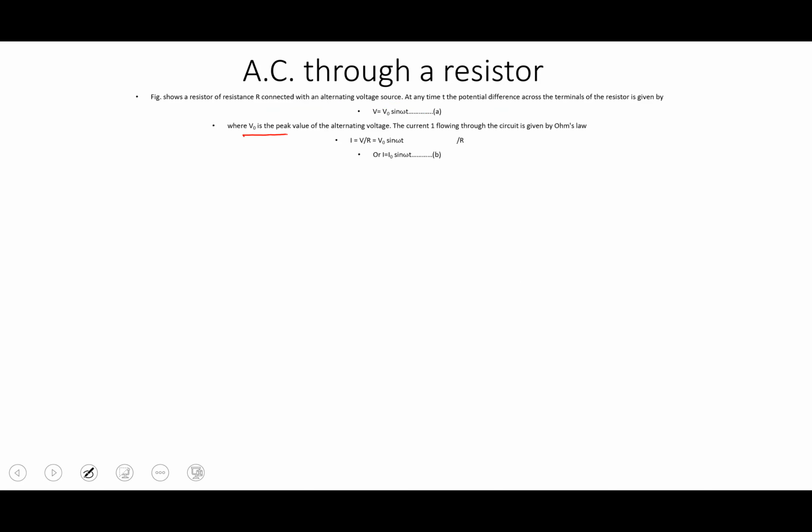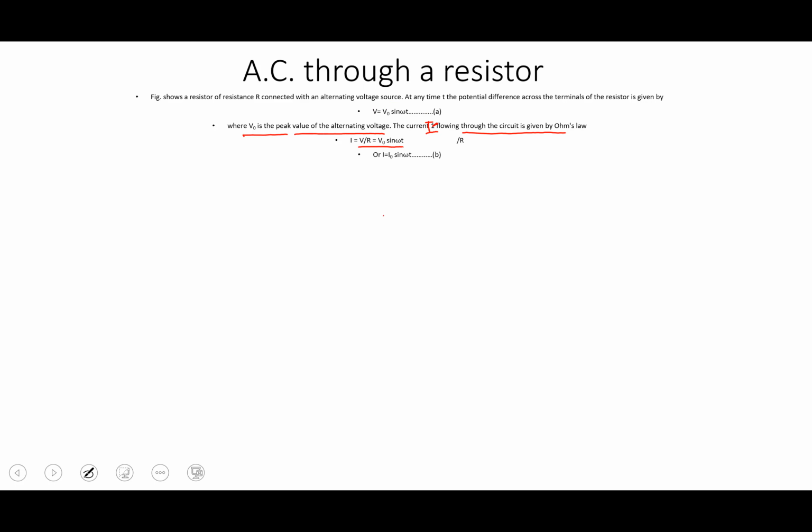V naught is the peak value of the alternating voltage, and the current I flowing through the circuit is given by Ohm's law. That means I is equal to V over R, of V naught sine omega t, or we can say I is equal to I naught sine omega t.